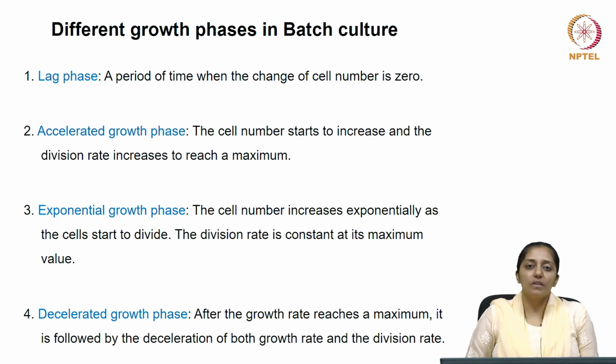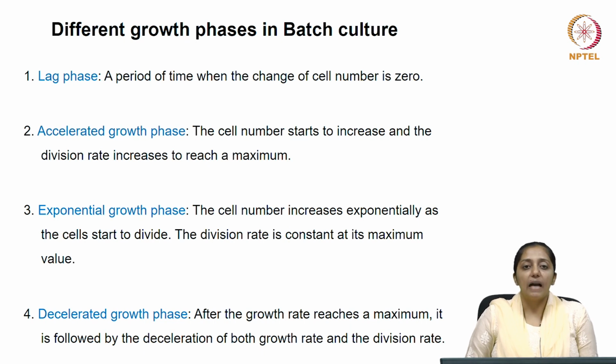You can observe to some extent the change in cell volume, but there is no change in the cell number. So, there is no cell division happening during this phase. The cells are trying to prepare themselves for subsequent cell divisions. When I say prepare themselves, it means the required enzymatic machinery or metabolites are being produced.